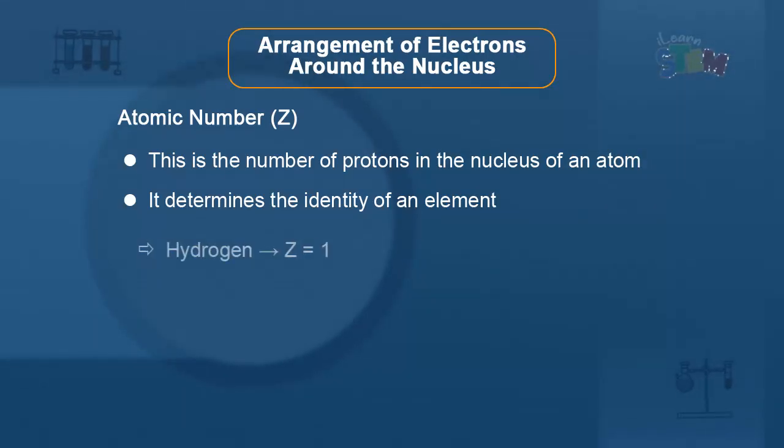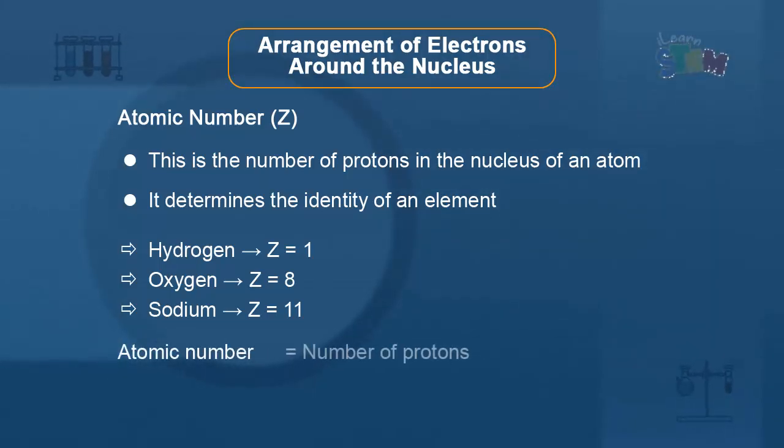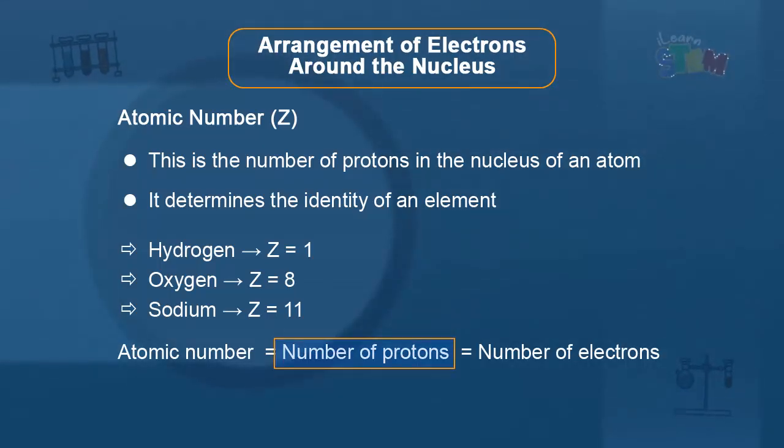For example, hydrogen has an atomic number of 1, meaning it has 1 proton. Oxygen has an atomic number of 8, meaning it has 8 protons. Sodium has an atomic number of 11, so it has 11 protons. In a neutral atom, the number of protons is always equal to the number of electrons. So, atomic number equals protons equals electrons.